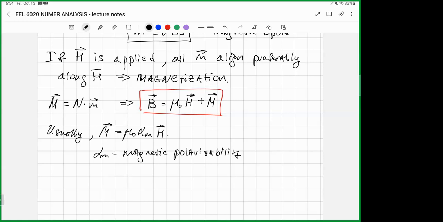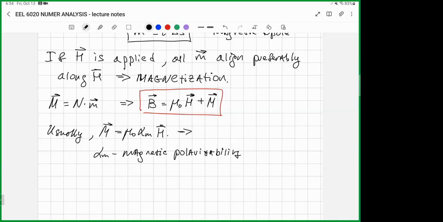So it's just another parameter like alpha E for electric polarizability, for electric polarization. In this case, for magnetization, we have magnetic polarizability, a factor that describes the ability of matter to be magnetized in the magnetic field.